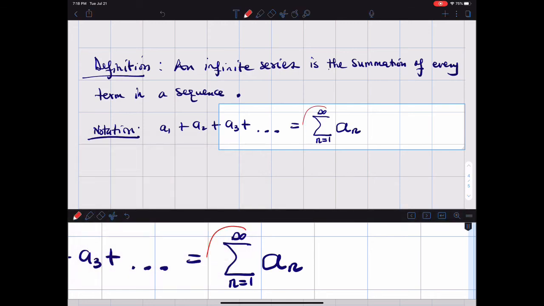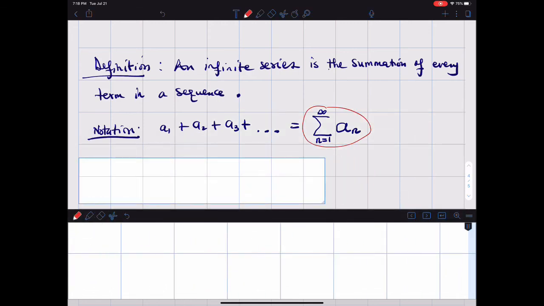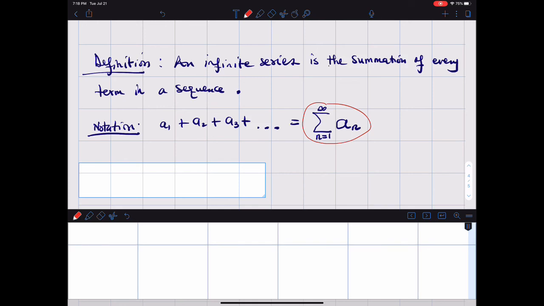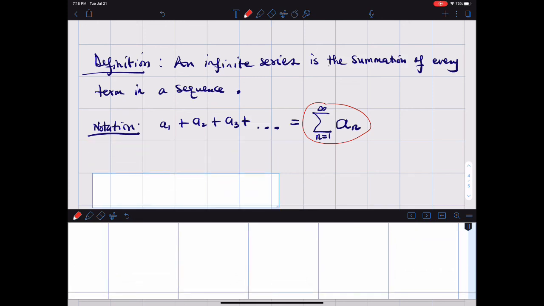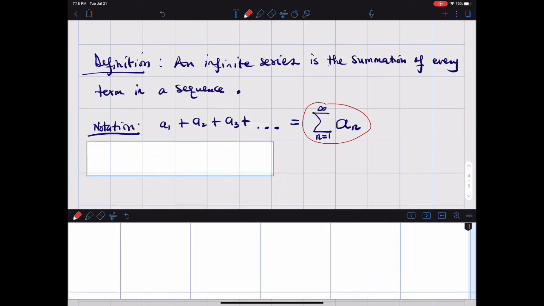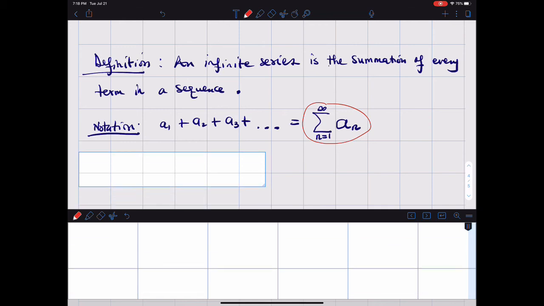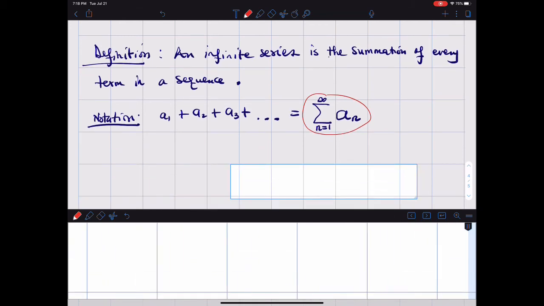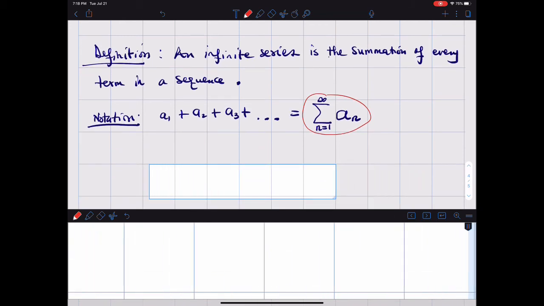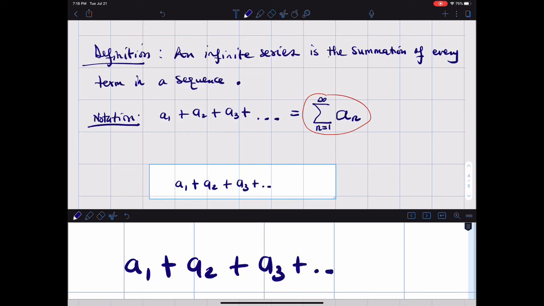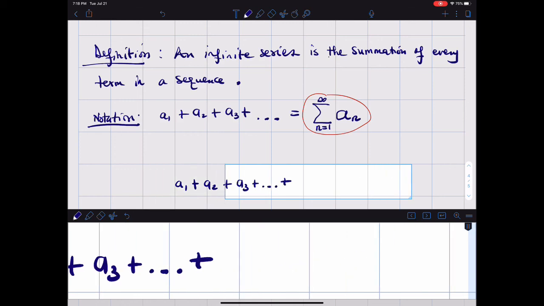Okay. But now, assuming you don't want to sum everything, let's say we sum from A1, A2, A3, maybe to some An.